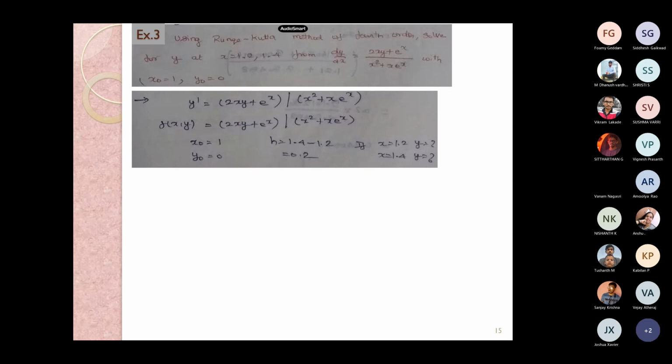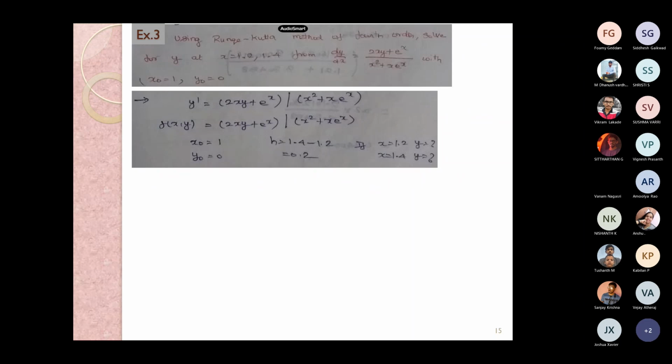The interval can be found from the given limit and the required question. Here 1.2 and 1.4 are what we need to find. With the initial value as 1, we find the interval, that is 0.2.